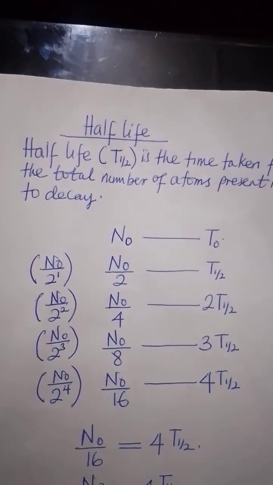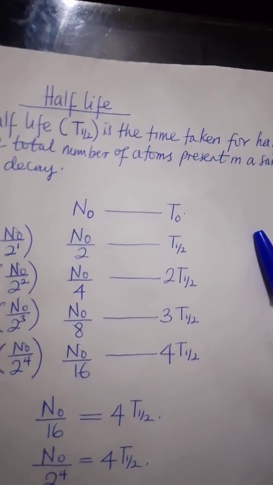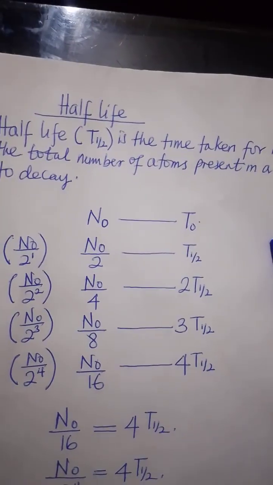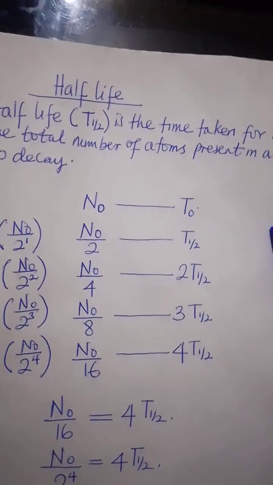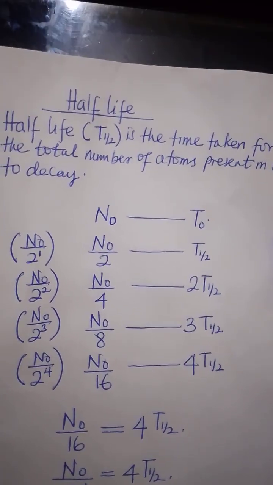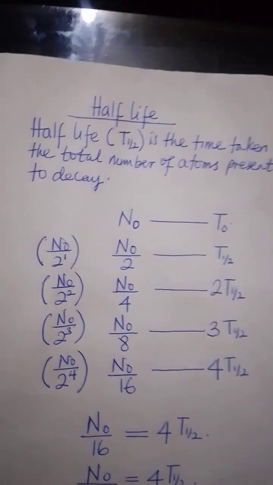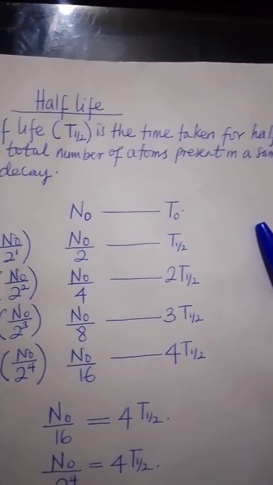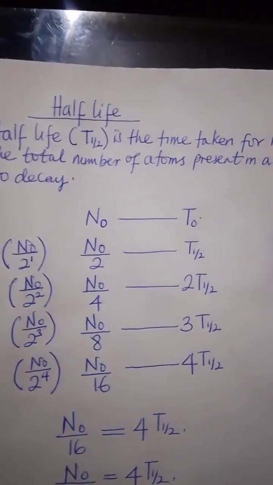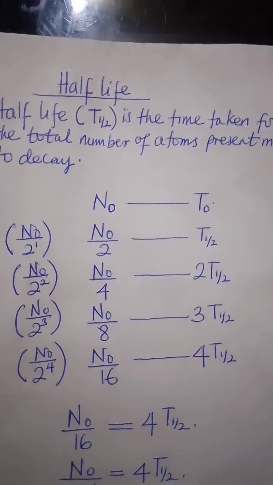That is the time taken for 1,000 atoms to become 500, or the time taken for 1,000,000 atoms to become 500,000. In other words, the time taken for the total number of atoms to be halved. This is what we refer to as half-life.